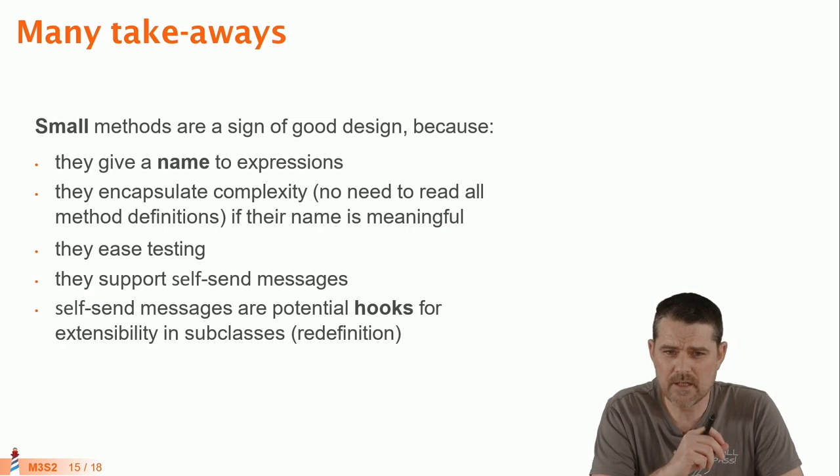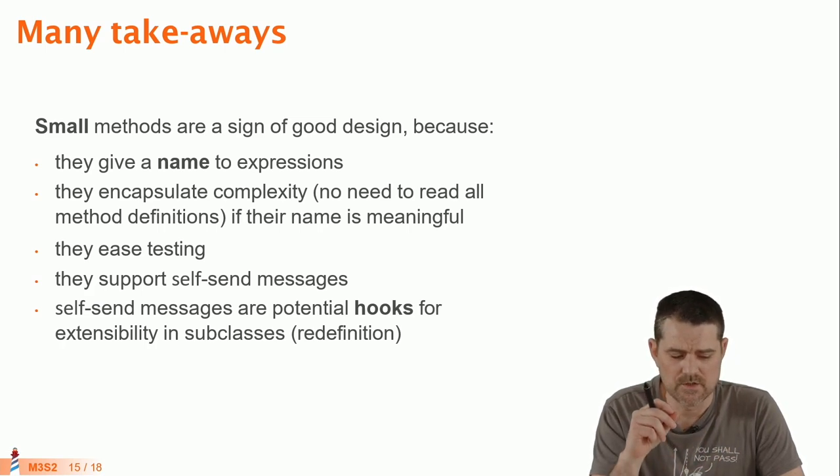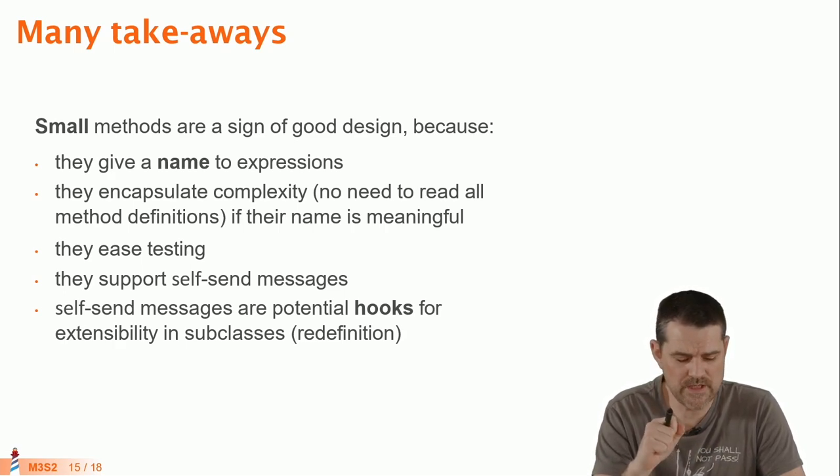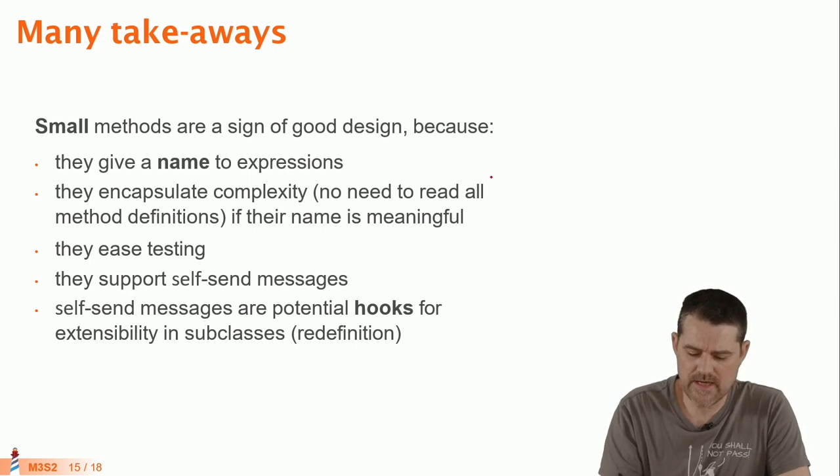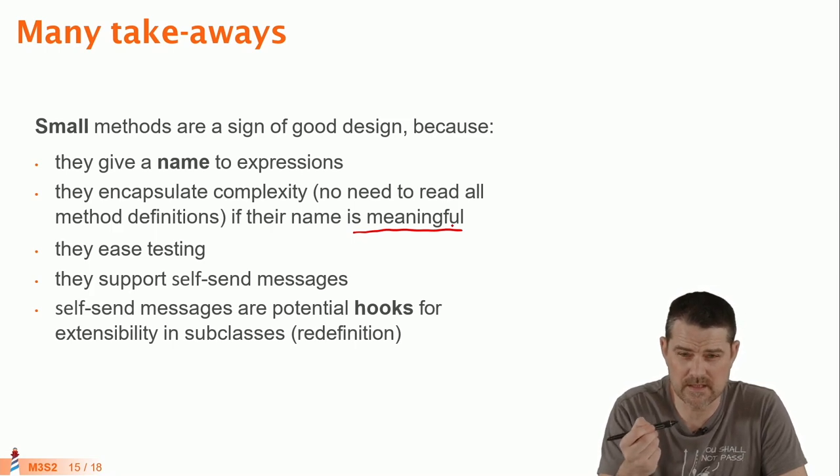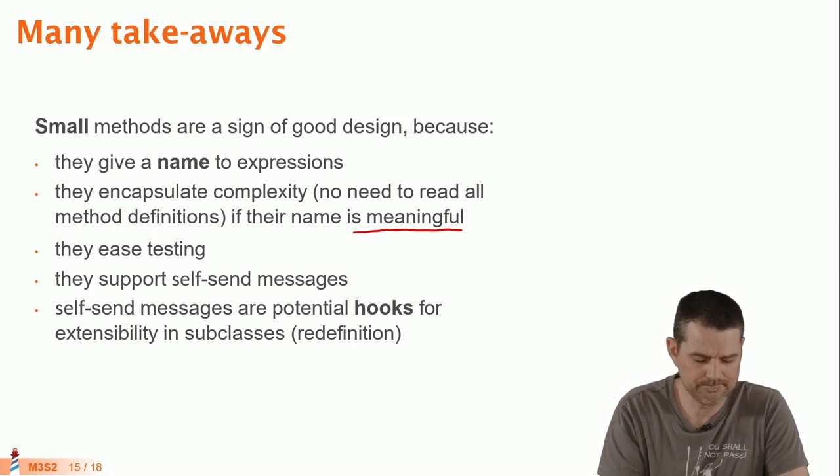So there are many takeaways in these lectures. You should remember that small methods are a good sign of good design because we give names to the expressions. We saw it with the ratio or with the creation of a UINode. They encapsulate some complexity. And if we give a nice name to methods, it means that it's easier to read for the programmer.